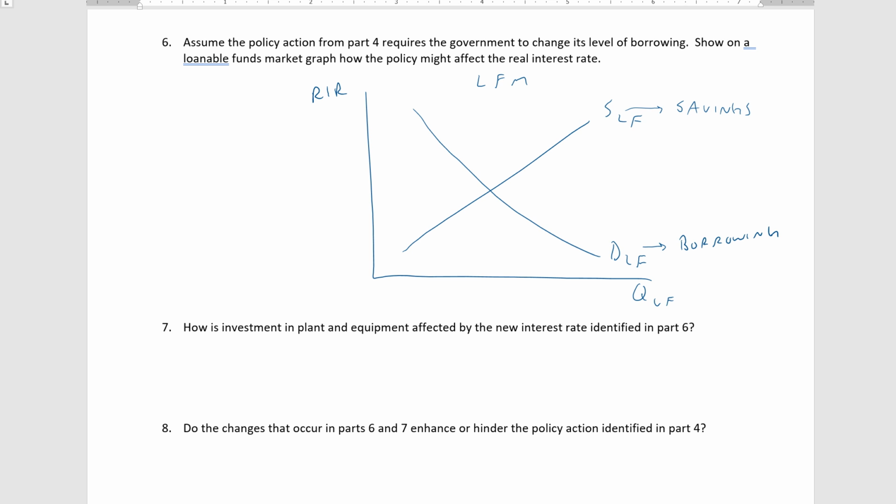So there's going to be more borrowing, so the demand curve is going to shift to the right. And that is going to raise the interest rate from R1 to R2. Higher interest rates make it less profitable to make investments in the economy. So number 7, we're going to see investment spending decrease.